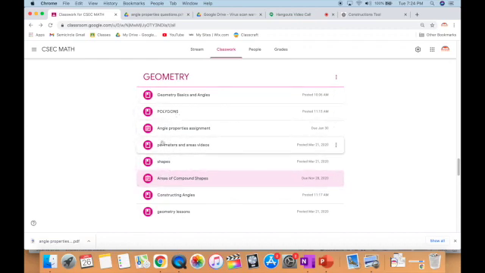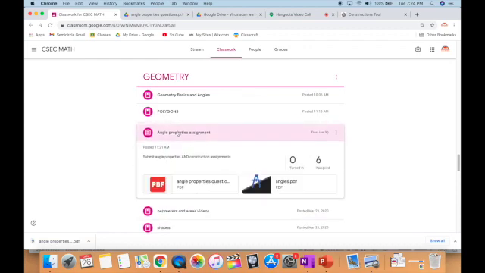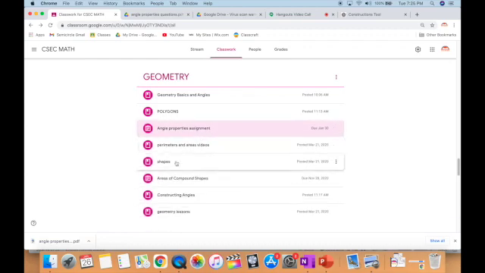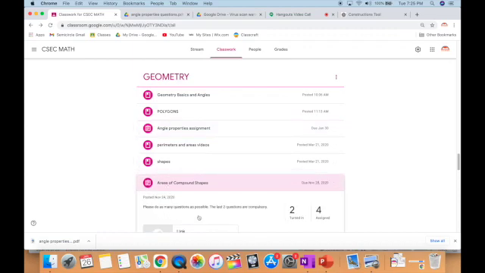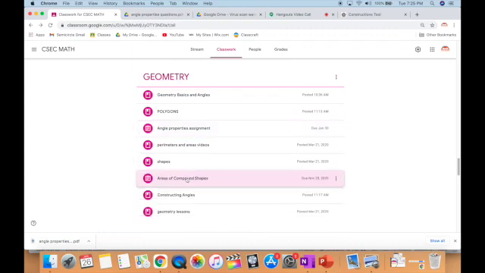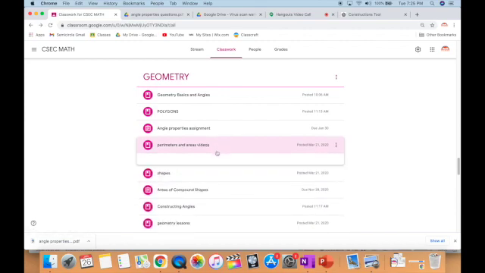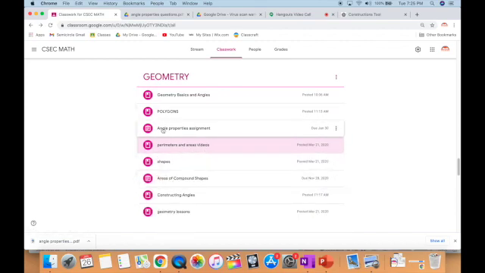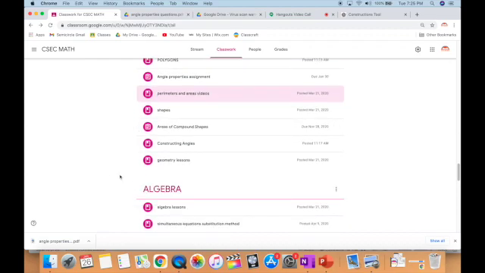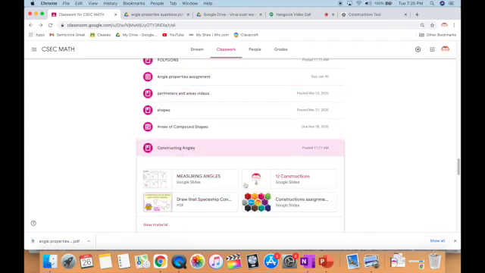There are 2 assignments. The first assignment is on angle properties, and the second assignment is on the area of compound shapes. And as I said, I have these videos that talk about perimeter, area, and the area of compound shapes. So these 2 assignments are for Saturday, and on Saturday we are going to start construction.